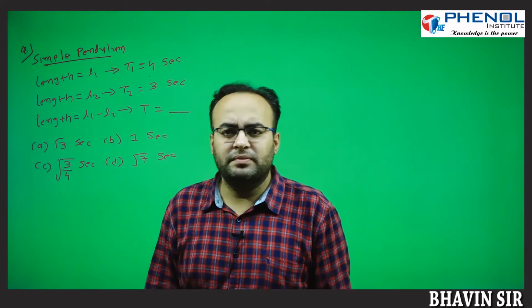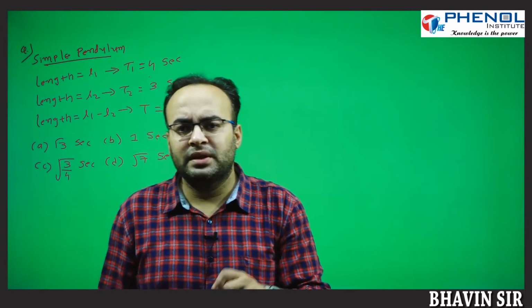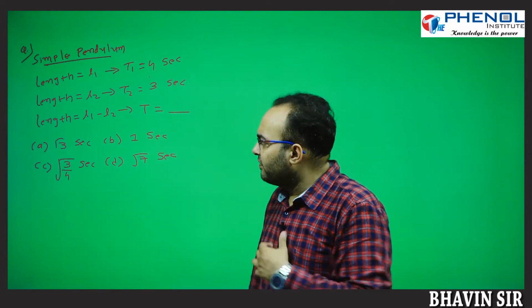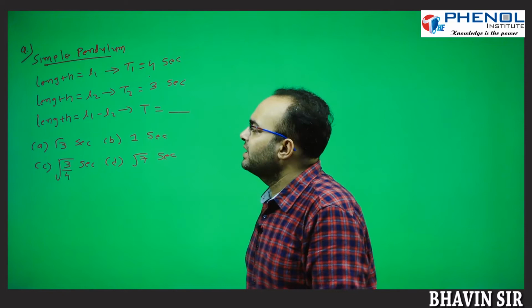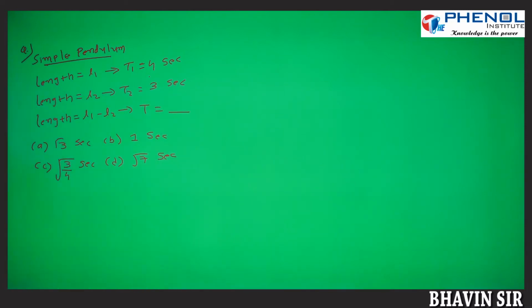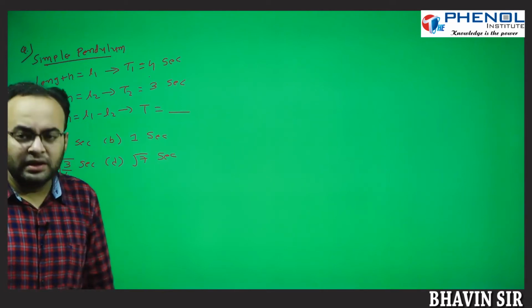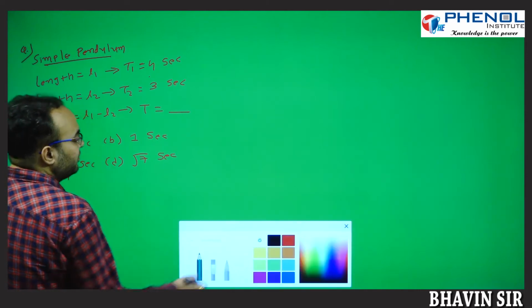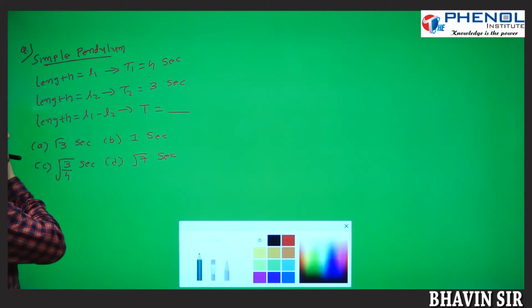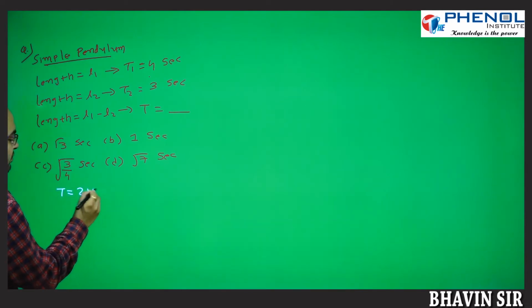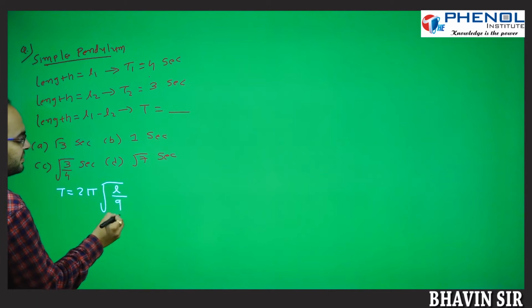So what is the question? When the length of the simple pendulum is L1, the time period is 4 seconds. When the length becomes L2, the time period is 3 seconds. So when the length becomes L1 minus L2, find the time period. So students, we consider three cases. What is the formula of time period for a simple pendulum?